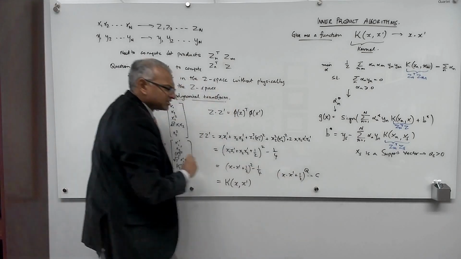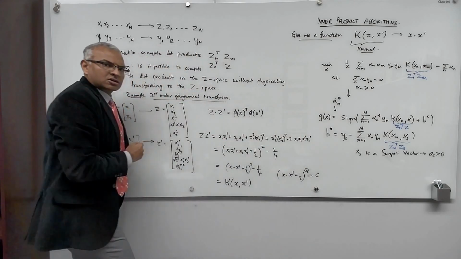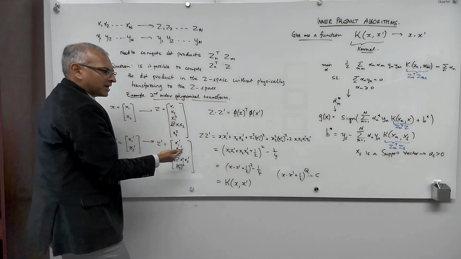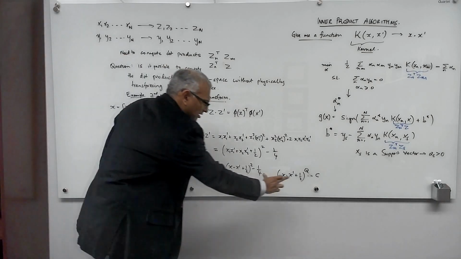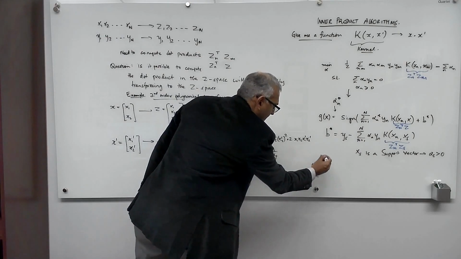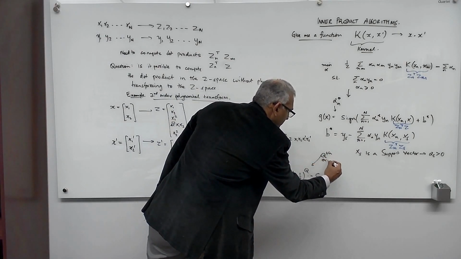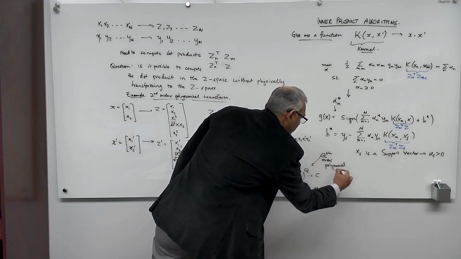This is essentially instant. This is going to be a rapidly costly inner product computation if I actually transform there, depending on the order of the polynomial. This is called the qth order polynomial kernel.